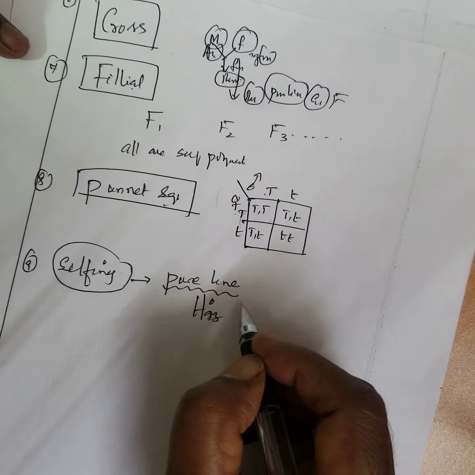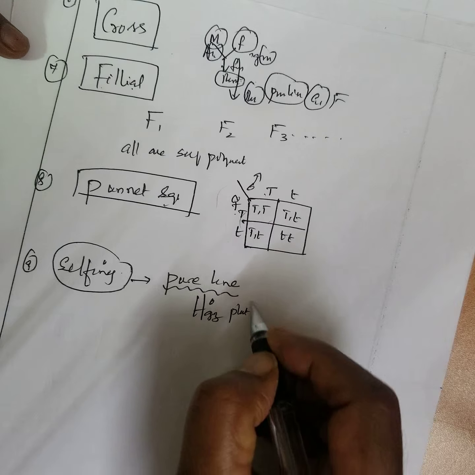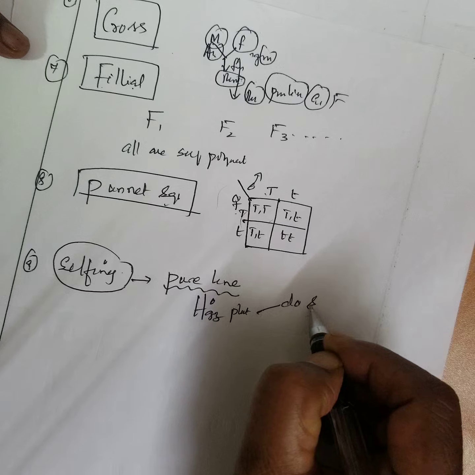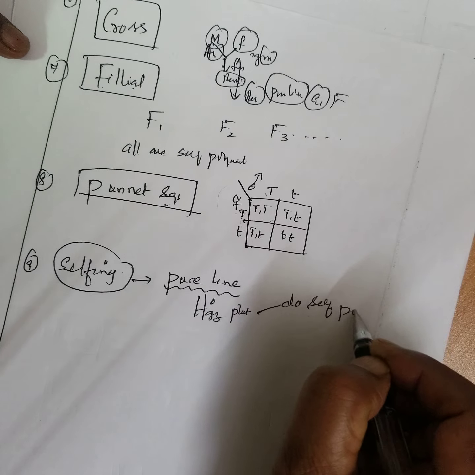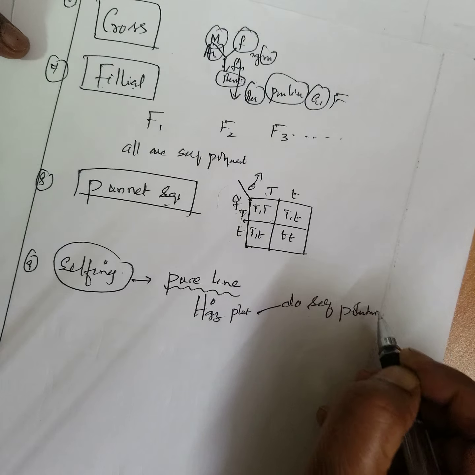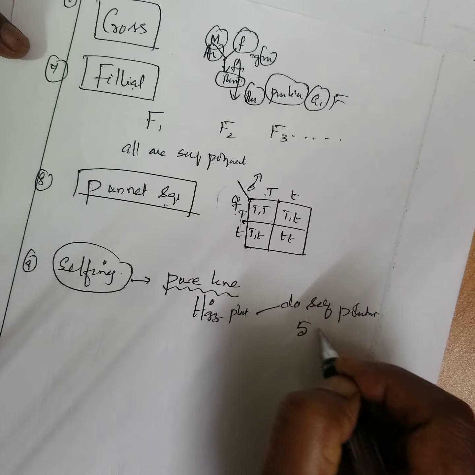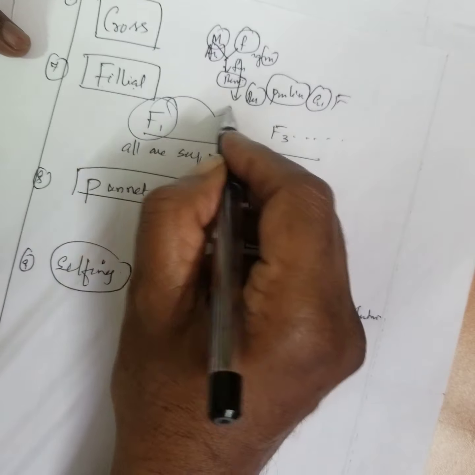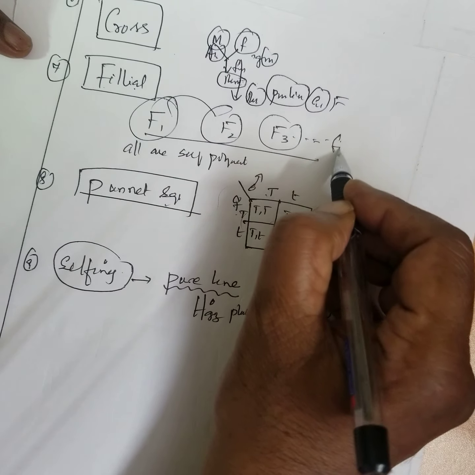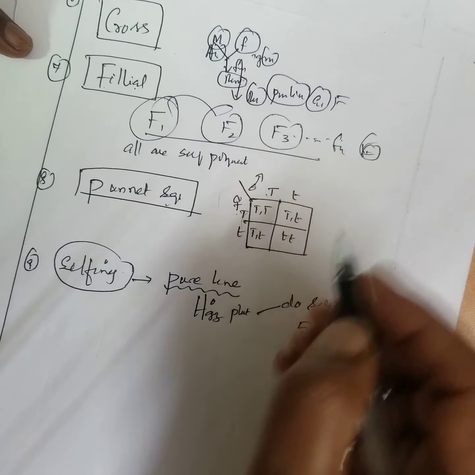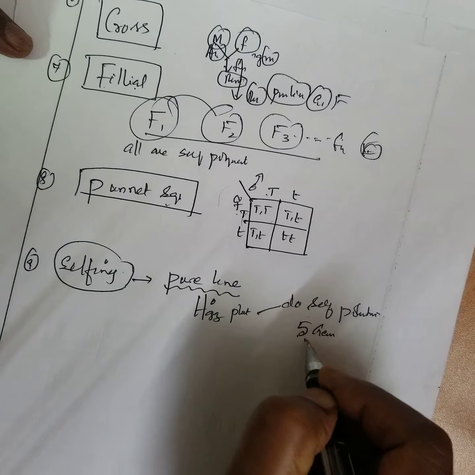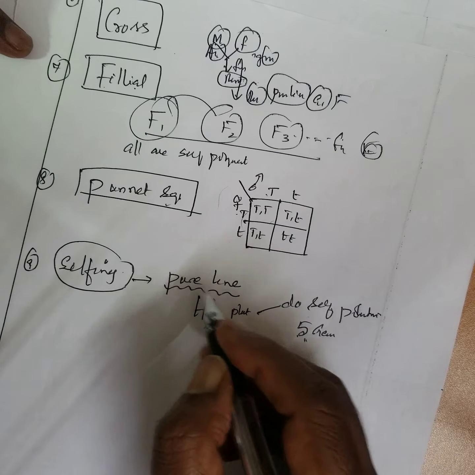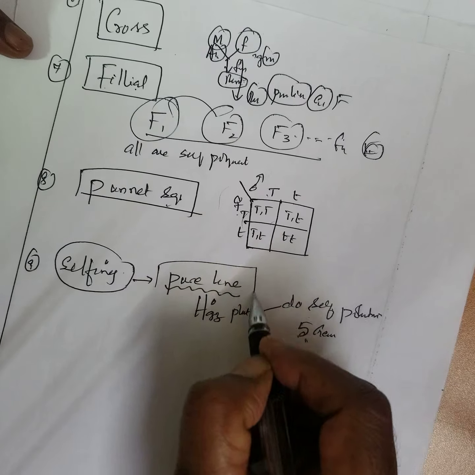Do self-pollination for 5 generations. This is the first generation, next the second, third, fourth, and fifth. Then you'll get a pure line. It is called a pure line.